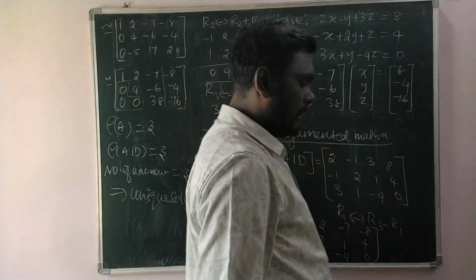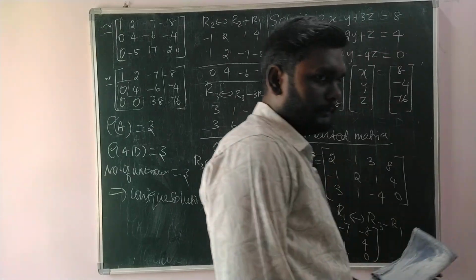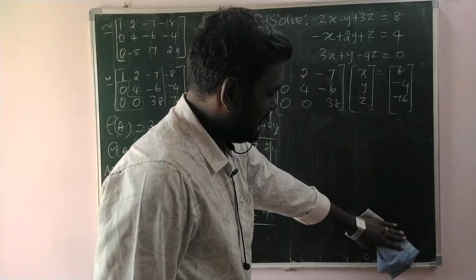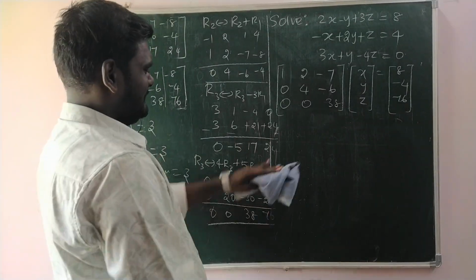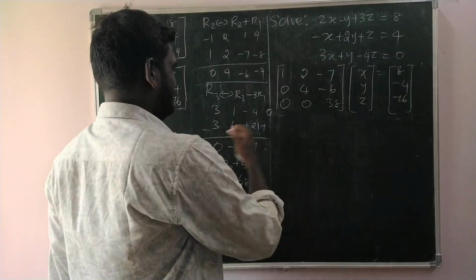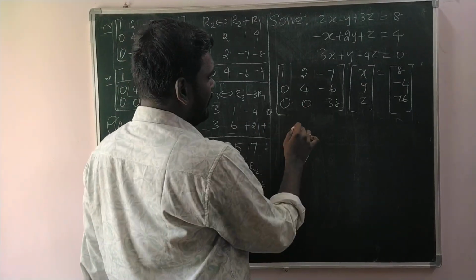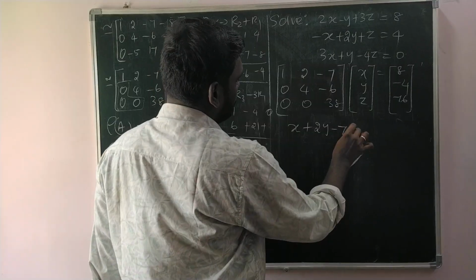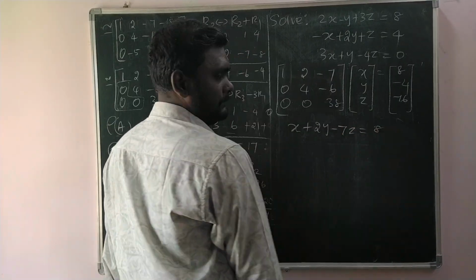Now again go back to the equation form, the equation format. What is that equation format? See, first equation, x plus 2y minus 7z is equal to 8.